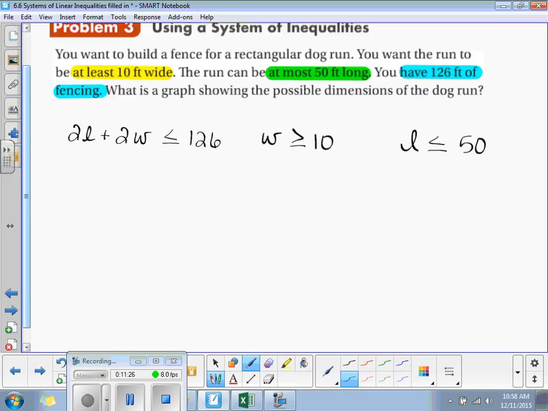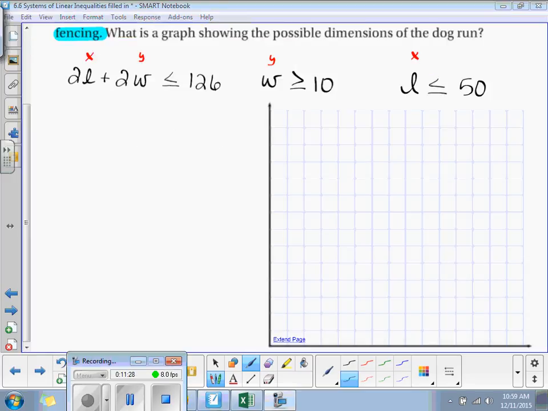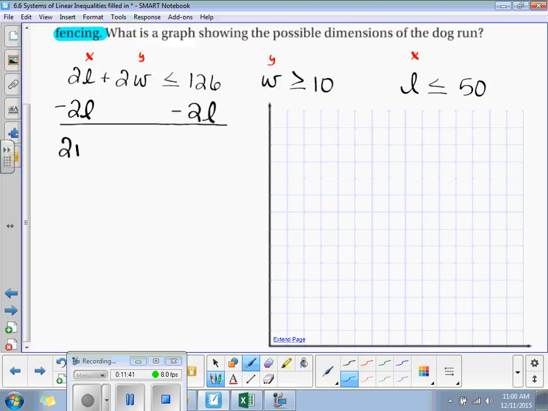Okay. All right, so now we want to put the first inequality into slope-intercept form. So we're going to subtract 2L on both sides. And we end up with 2W is less than or equal to negative 2L plus 126.